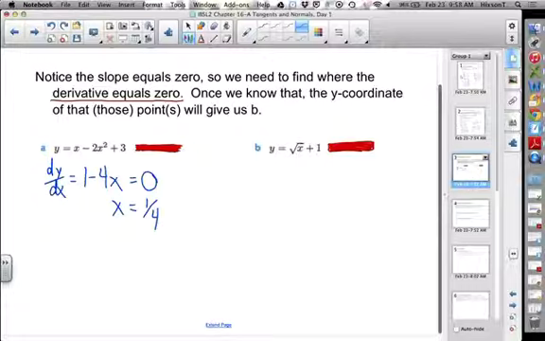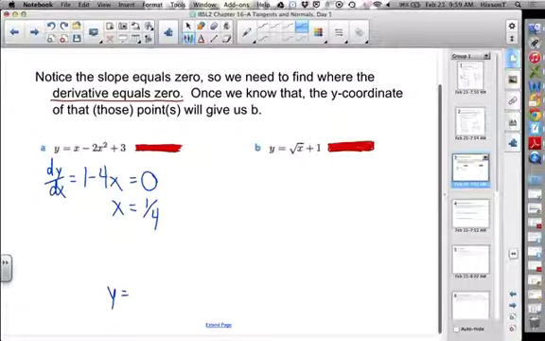But then how are we going to figure out what that horizontal tangent actually is? It's going to be the equation y equals something. How do we find that? Do you plug x equals 1/4 into the first equation? Yes, plug it in. We're finding an actual point on the graph, so we plug it into the original equation. If we plug it into our derivative, we get 0, because that's how we got the 1/4 in the first place.